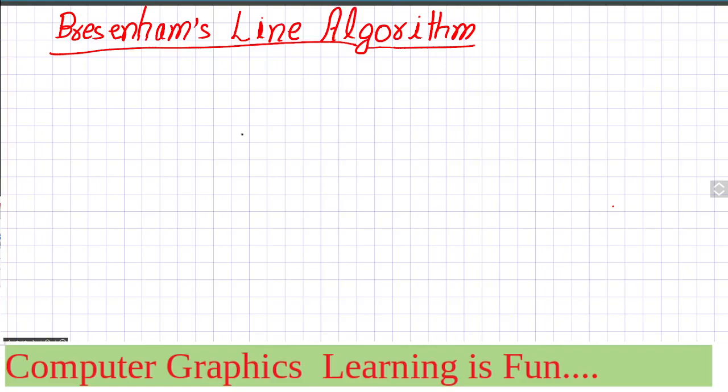In the earlier video, we talked about the DDA algorithm, a line drawing algorithm where we tried to calculate the pixel positions using the equation of a line, y is equal to mx plus b. Using this equation we found the values of m and b, then incremented the x value and found the value of y.